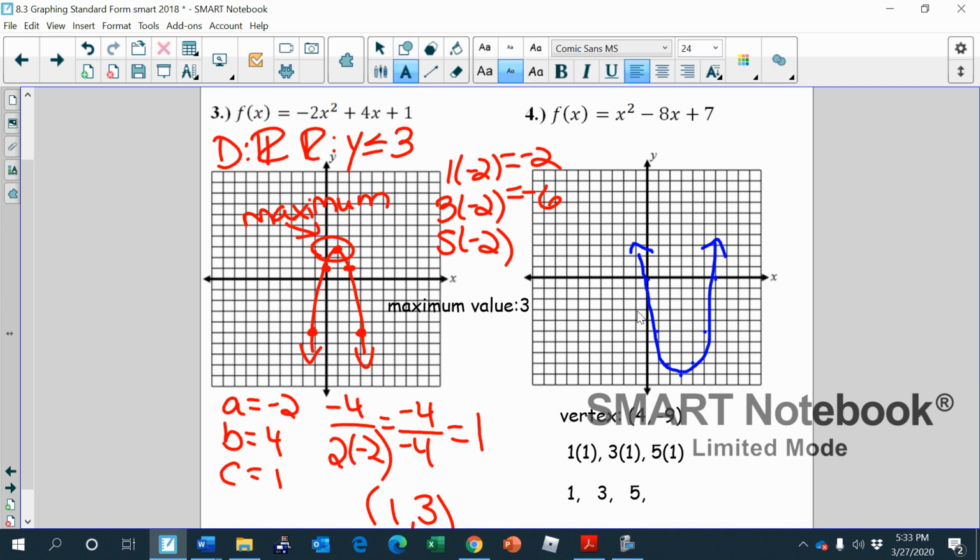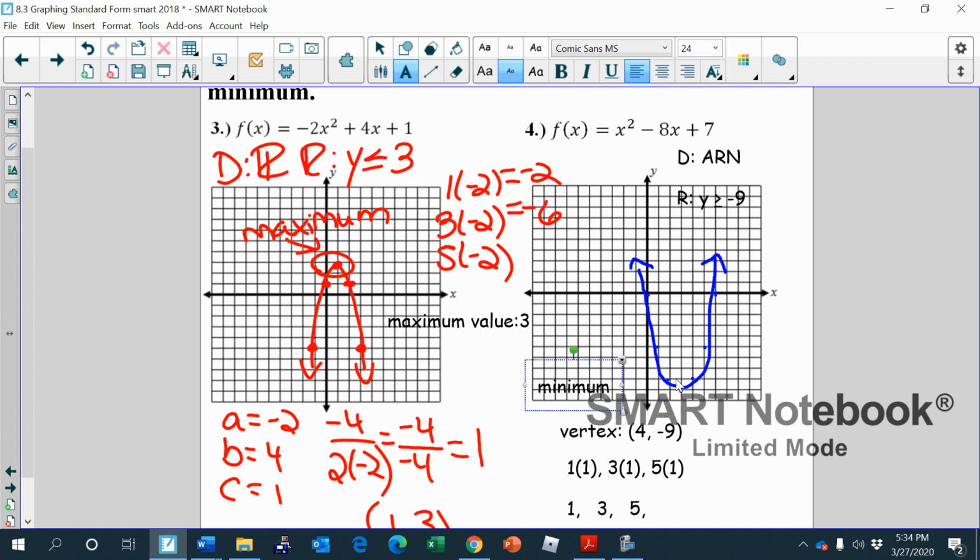Okay, so now let's talk about our domain and range. Our domain is, of course, all real numbers. And our range is y is greater than or equal to, and the y value of our vertex is -9. So y is greater than or equal to -9. We know that this is a minimum value because the graph opens up.